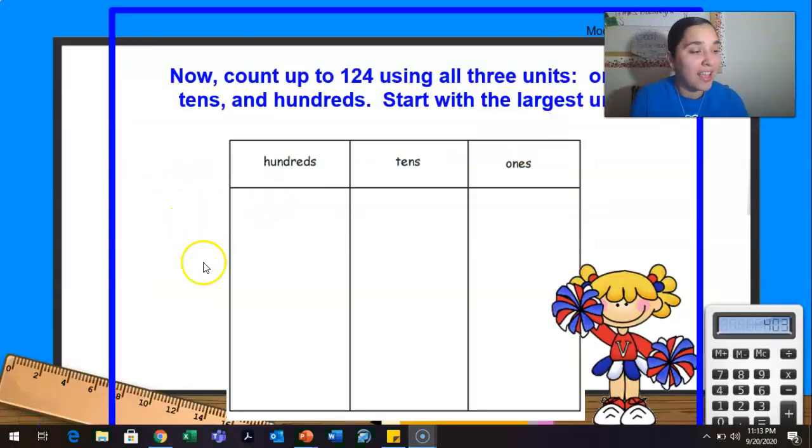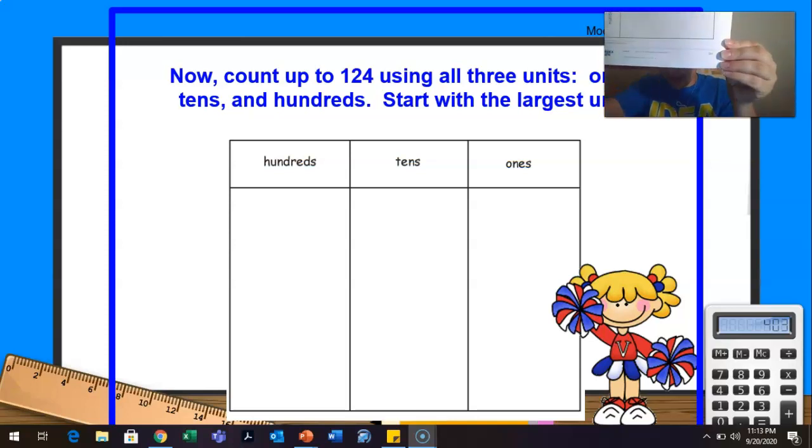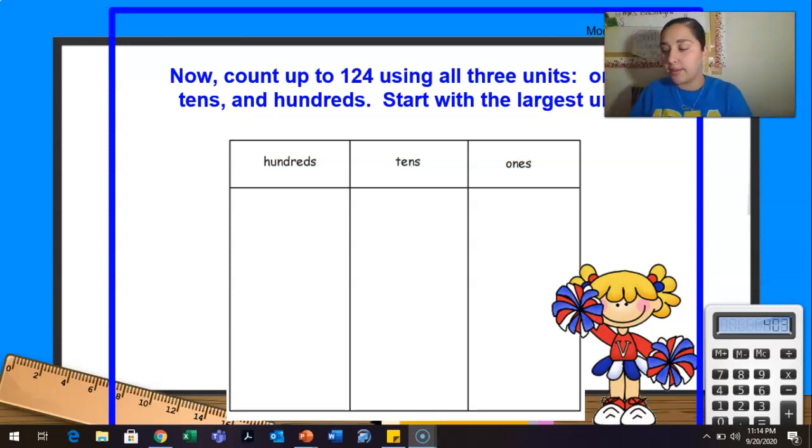Now, boys and girls, this is the place value chart. If you go to page 137 in book number 2, you will see your place value chart. You have 10 seconds to open your place value chart on page 137. 10, 9, 8, 7, 6, 5, 4, 3, 2, 1, 0.